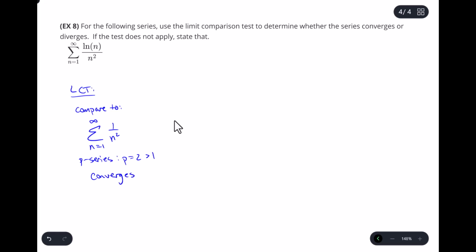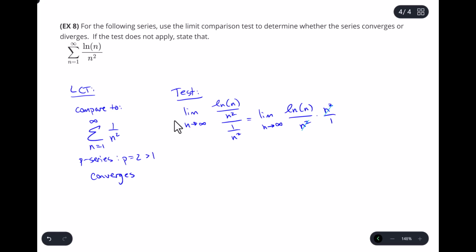All right, and let's take a look and see if this can prove convergence. So we'll do our test here. And we want the limit as n goes to infinity of the natural log of n over n squared divided by 1 over n squared. Now, when I invert and multiply, I would have the natural log of n over n squared times n squared over 1.